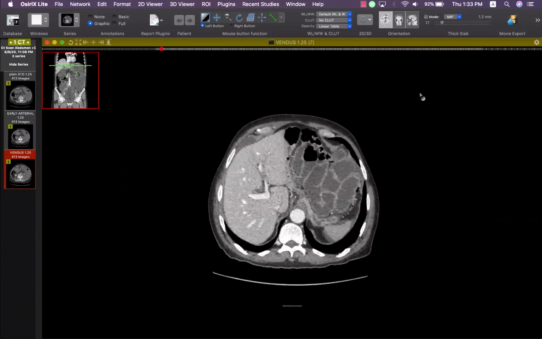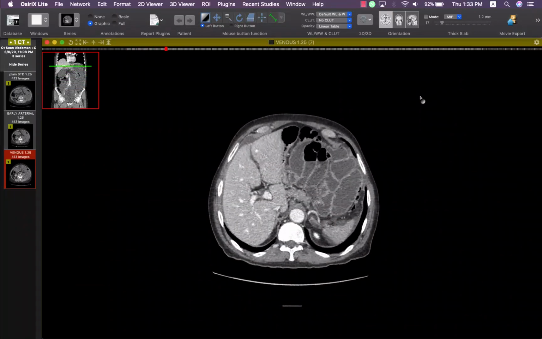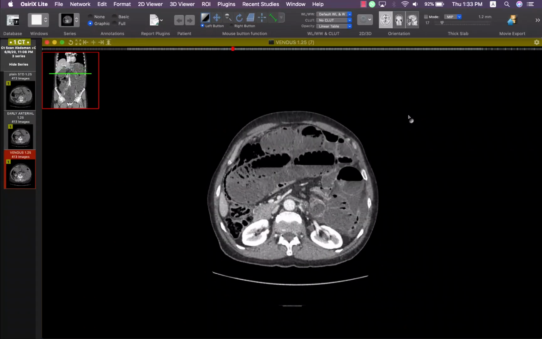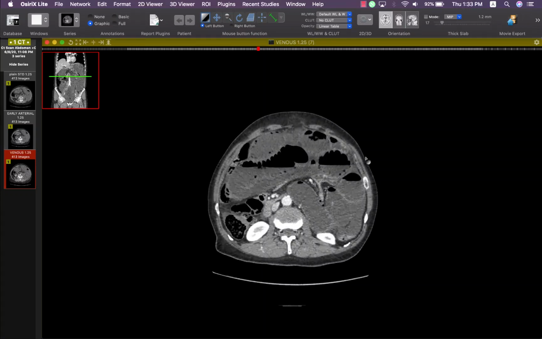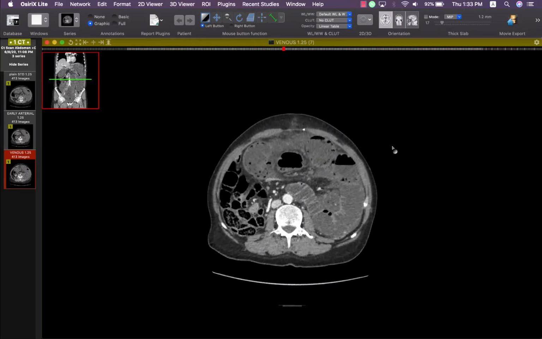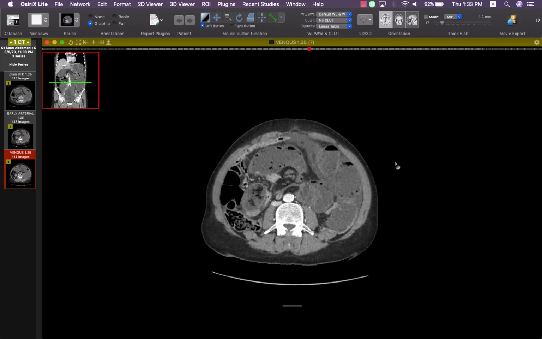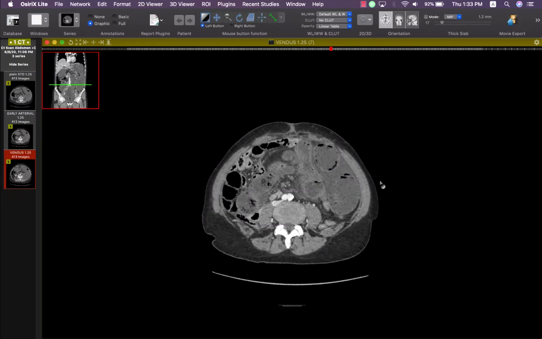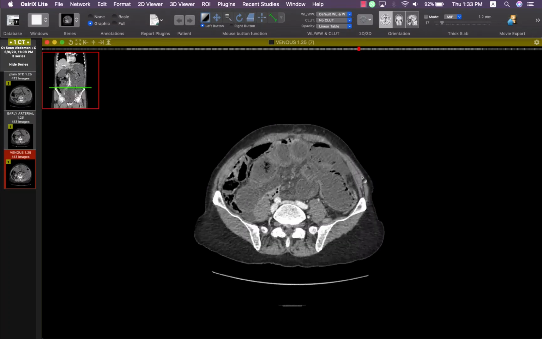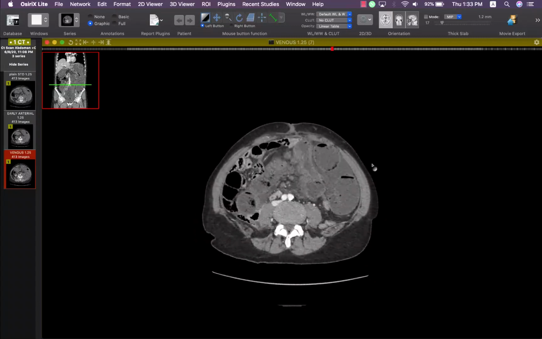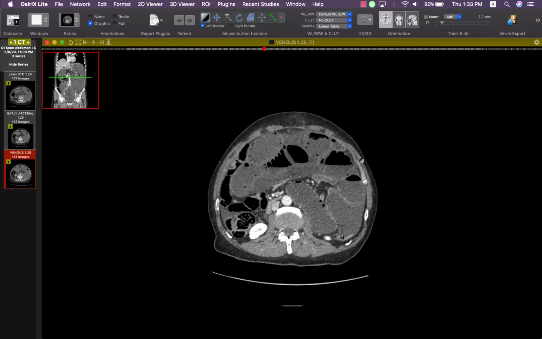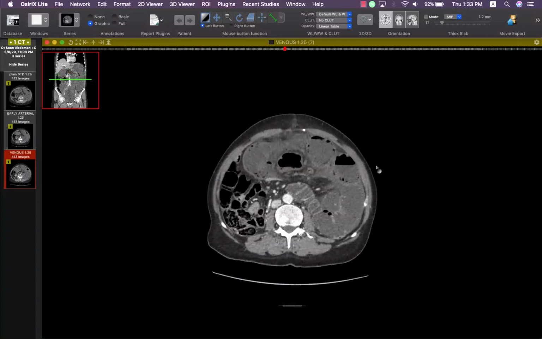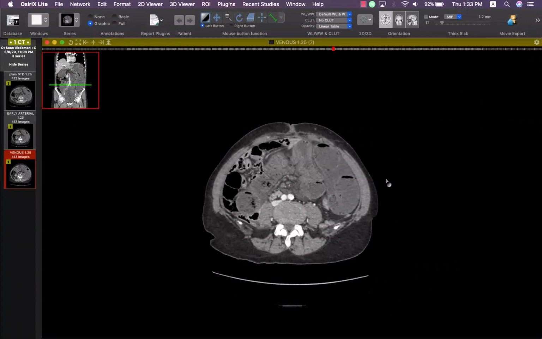If we look here, there is evidence of multiple small bowel dilatation showing multiple air fluid levels. Here there is multiple dilatation of the bowel loops showing multiple air fluid levels. So there is evidence of small bowel obstruction. The large bowel is collapsed, so this is an evident small bowel obstruction.